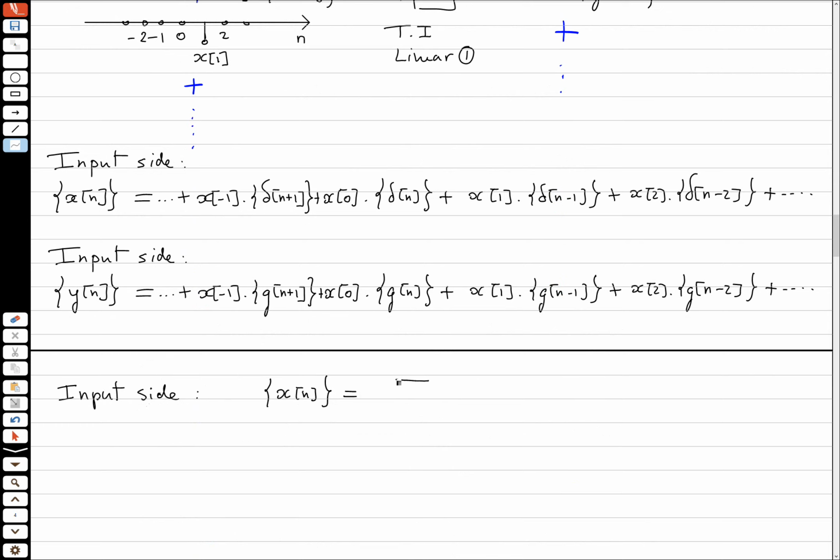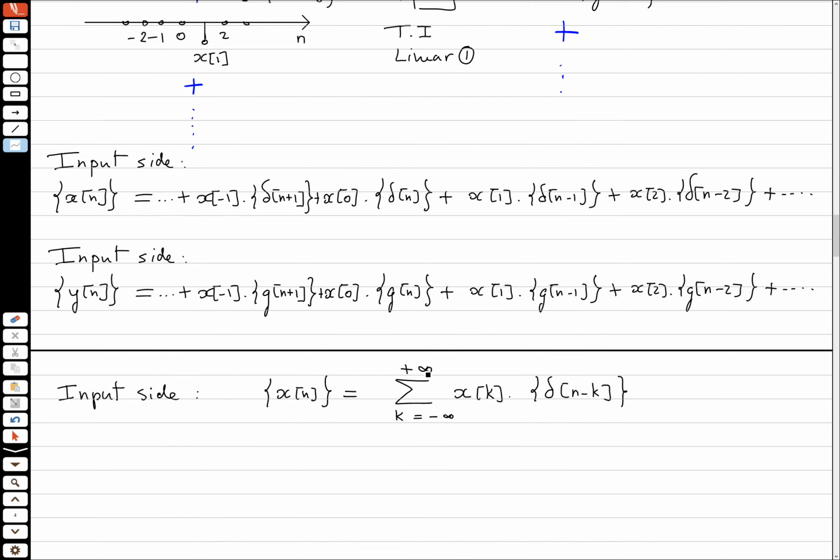The summation, where each term is a sequence, is x of k times delta of n minus k. And k covers all numbers from minus infinity to plus infinity.